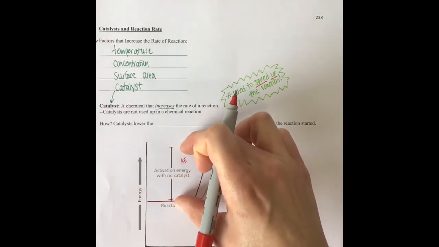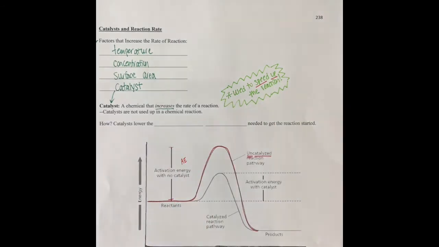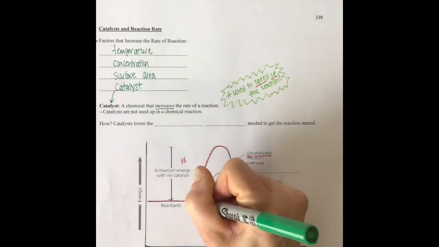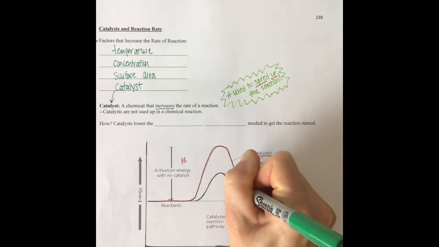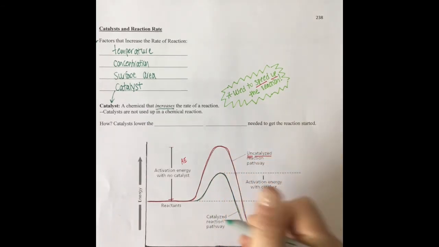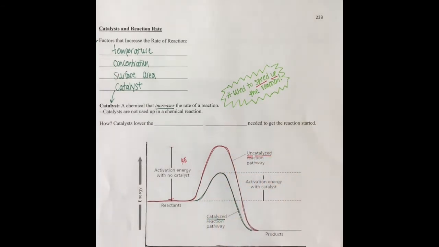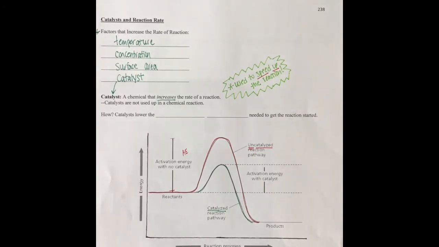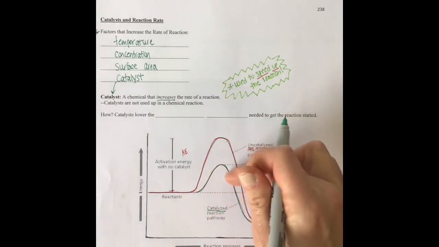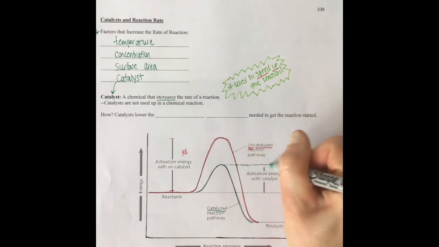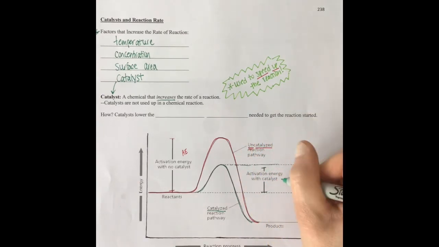Well, catalysts can help that out quite a bit. In the second line, this is a reaction pathway with a catalyst, a catalyzed reaction pathway. And you can see that it lowers the activation energy. This activation energy barrier is quite a bit less.